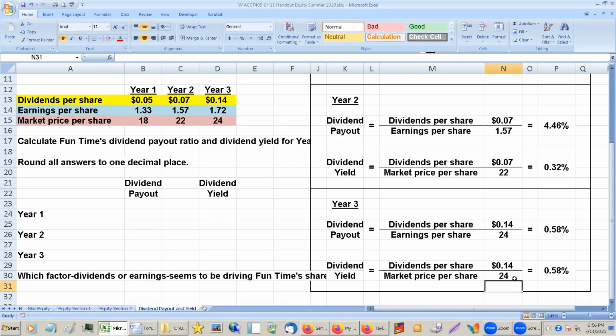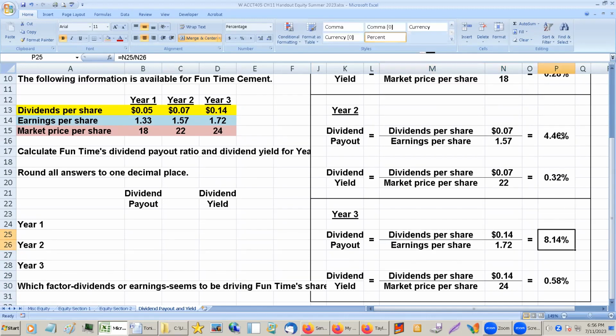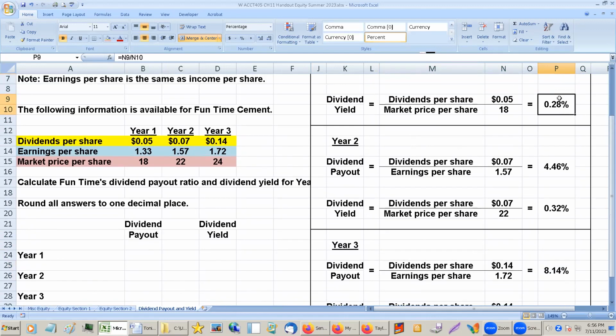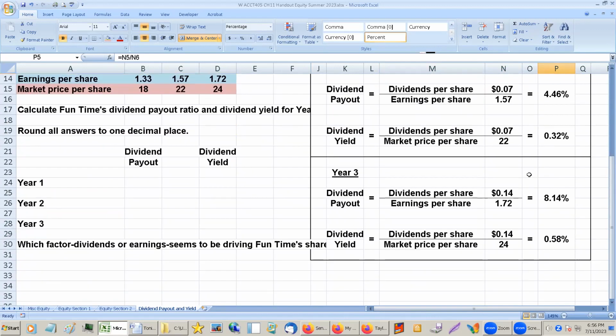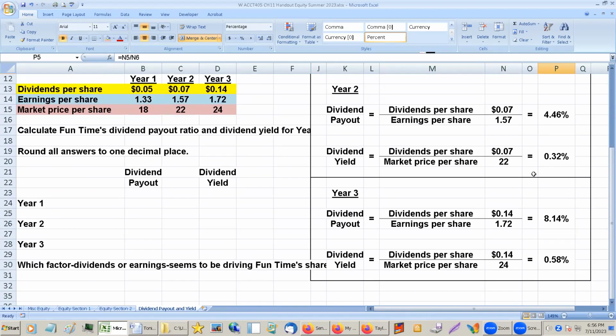Wait a minute, did I do that right? No, I did not do that right. That's not the earnings per share. There we go. So the dividend payout actually jumped up quite a bit percentage-wise here. Okay, so dividend payout.